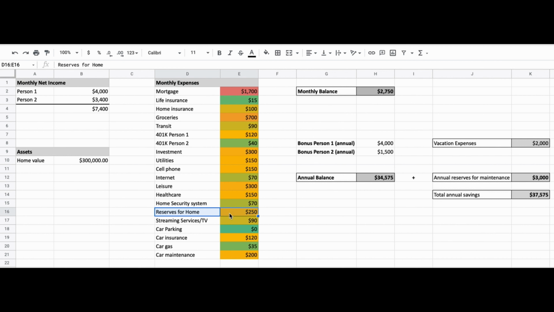So, while what we see in the annual report balance section in the cell H12 is the available money you have saved at the end of the year, the number of total annual savings under K14 is showing the available money to do exactly whatever you want with it, plus the money that you set aside for home repairs so that you are ready when they come. And also, if you have a savings account or any other account to invest other than the savings for your home, that would also be considered here.